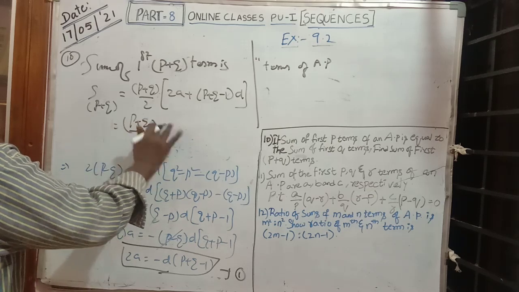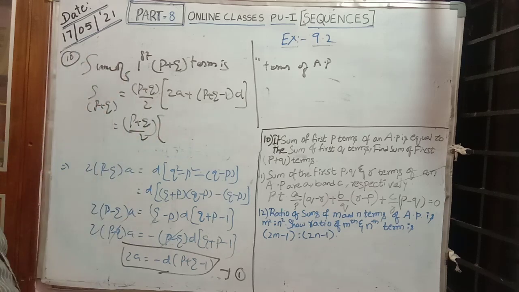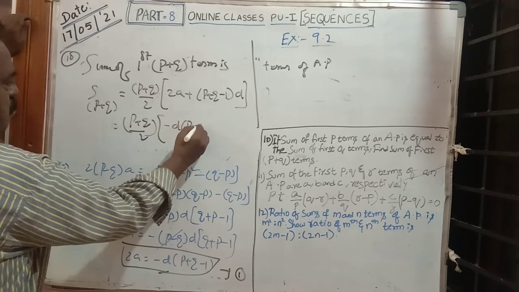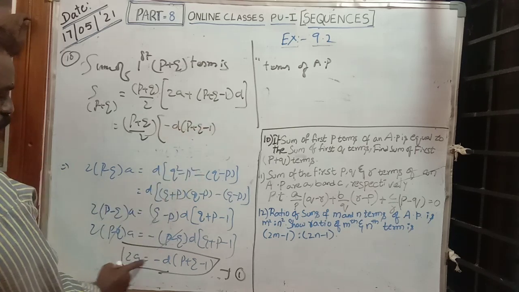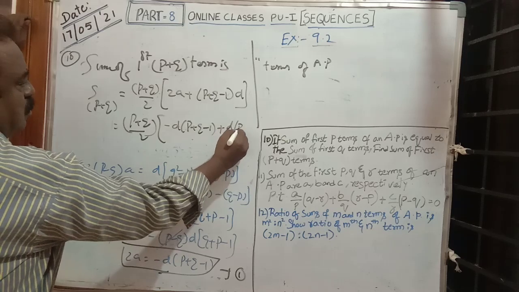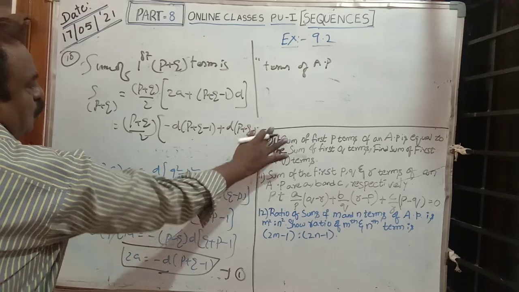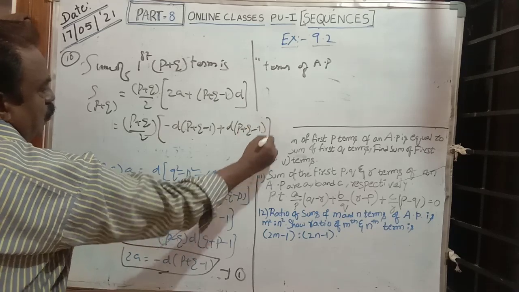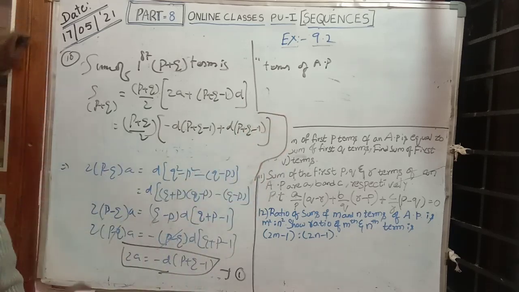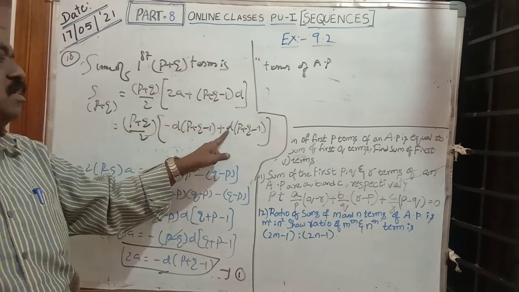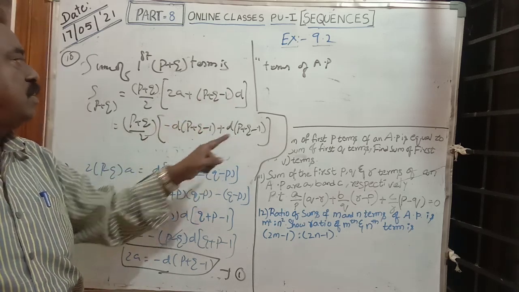Here what is 2a? 2a is minus d of p plus q minus 1. This term is as it is; I just wrote the d in the front: d of p plus q minus 1.